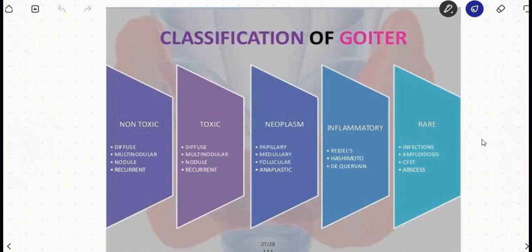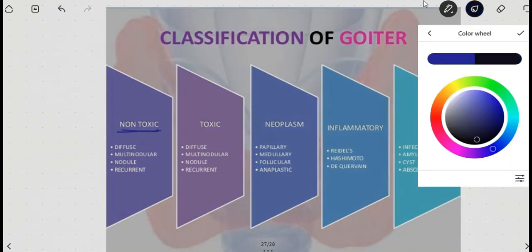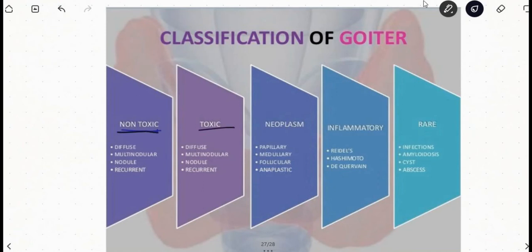Coming to the classification of goiter, it can be non-toxic, toxic, neoplasm, inflammatory or rare type. In non-toxic comes the diffuse, multinodular, nodule recurrent. In toxic type, diffuse, multinodular, nodule recurrent type.